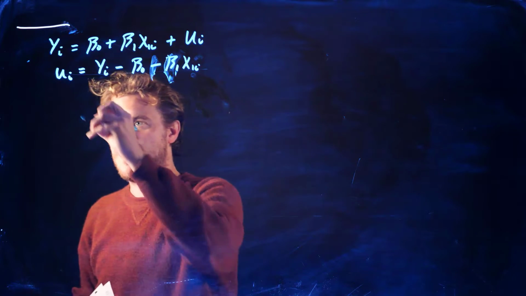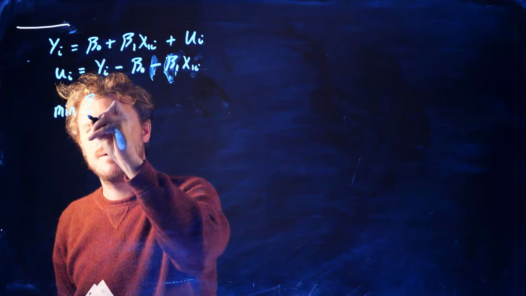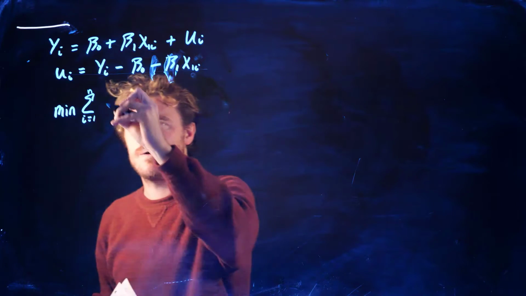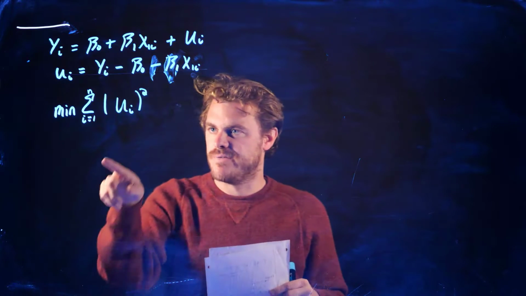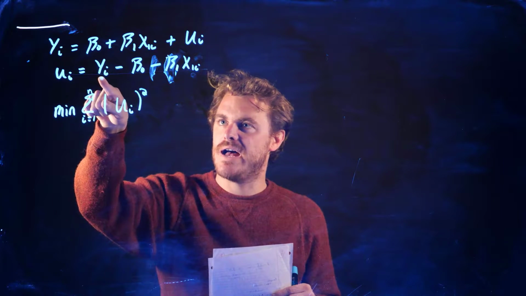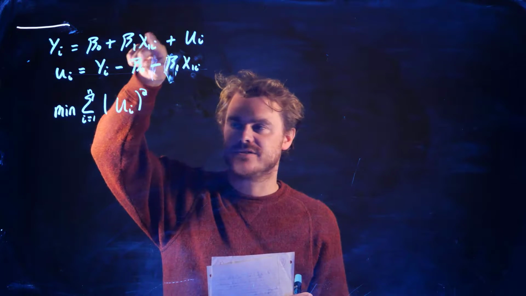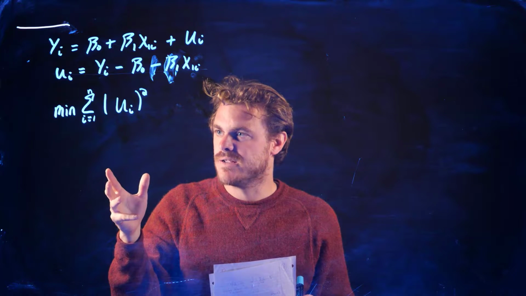And so what our estimators try to do is minimize the sum over our entire sample of the distance, how far off we are in terms of the actual observed value and what our model is predicting for that level of x in terms of the value of y. So that's the idea here.